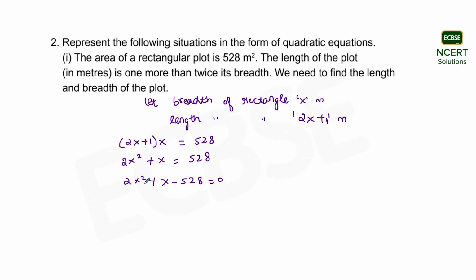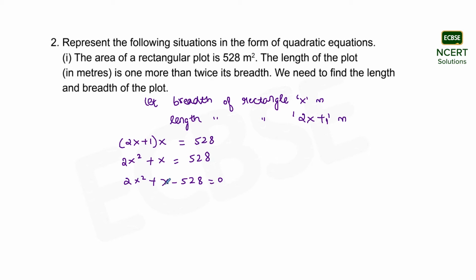As is clear, in this equation the highest power of x is 2 and its coefficient is not equal to 0, so this equation is perfectly a quadratic equation. Now the next step is to find the length and the breadth of the plot. The first step is to find the value of the variable x. We solve the quadratic equation by middle term splitting.